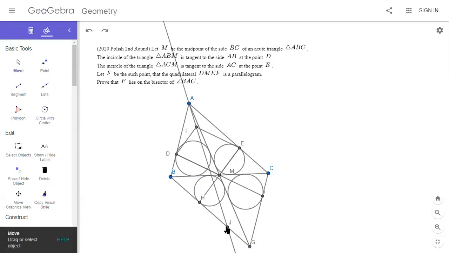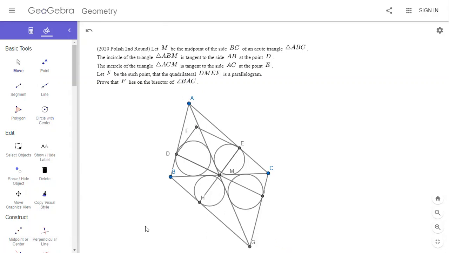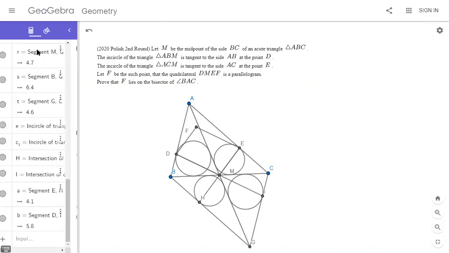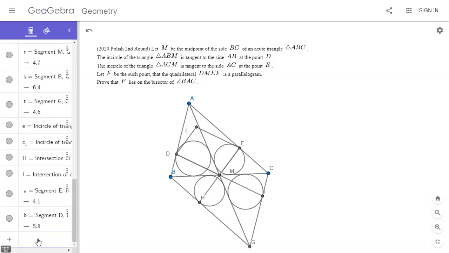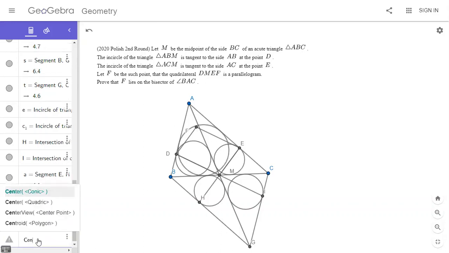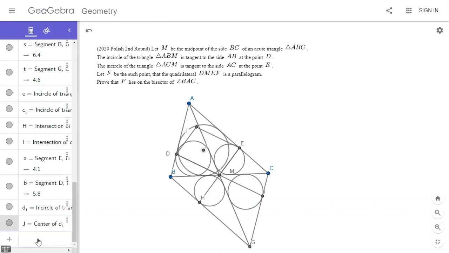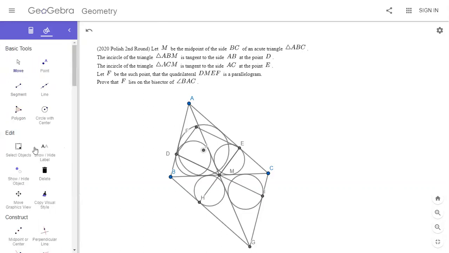Can you draw in the incenter of ABC? Yes. Sorry. So yeah, I could hide the incircle, but yeah, we could show A, F and J are collinear.